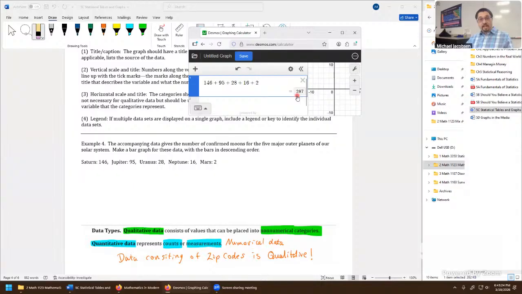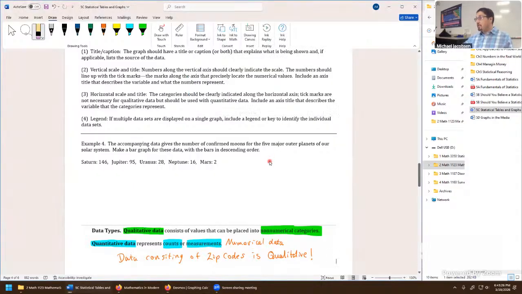So there are 287 observations altogether, 287 moons. And we're doing something with these moons. They are, well, they're being categorized in fact, right? Some of the moons belong to Saturn, some to Mars, some to Neptune, and so on.